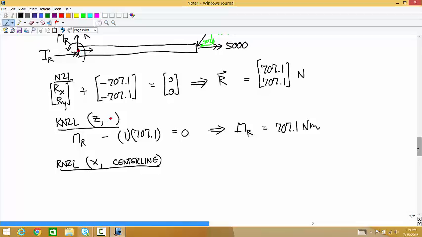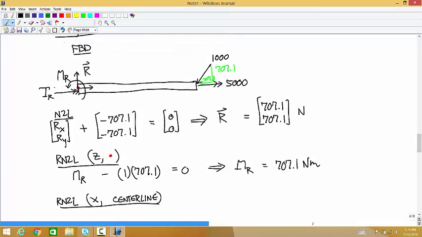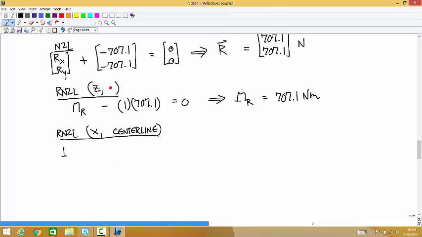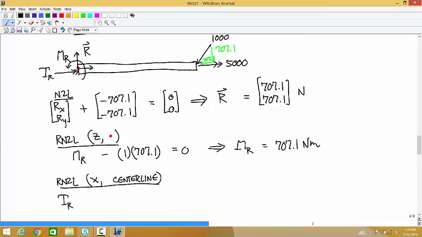Let's go through it again. Which of these produce moments about the x-axis? T_R? Yes, that's a couple, so we just add it in. M_R? No. R? No. The 1,000? We're treating that like it's being applied to the center of this beam, so no, that's not going to produce any moment about the center of the beam.